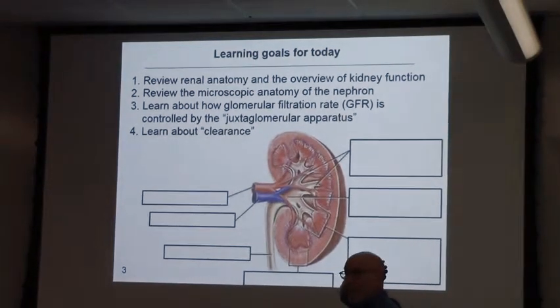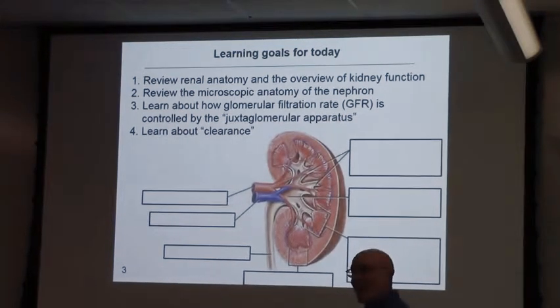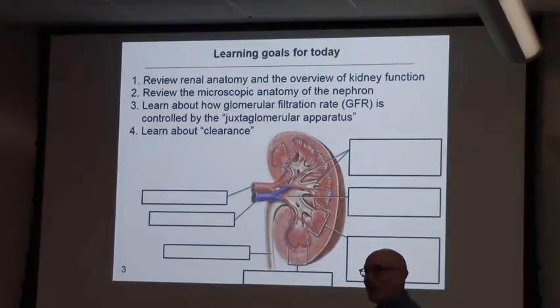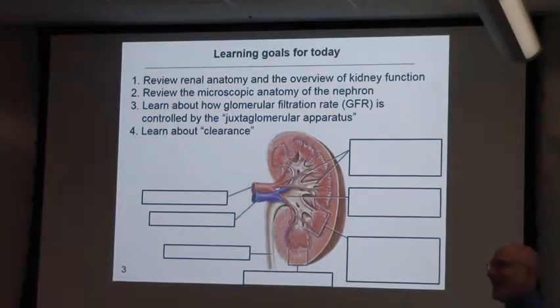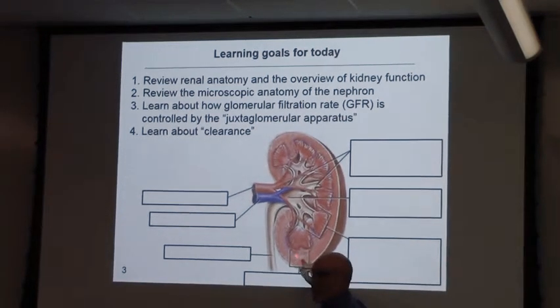What hasn't been said yet? Just pick one. What is this one? That's the ureter. This is the renal cortex.